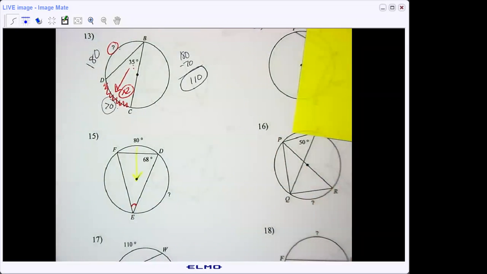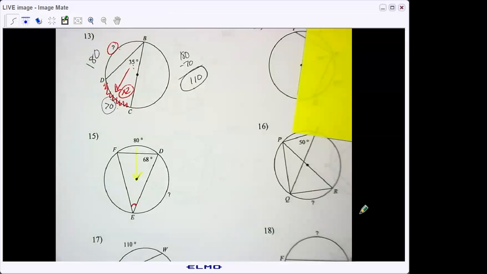You can put it in the chat box. Okay. Wouldn't it be 110?